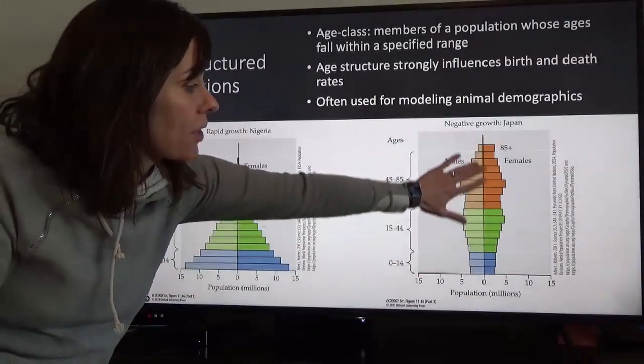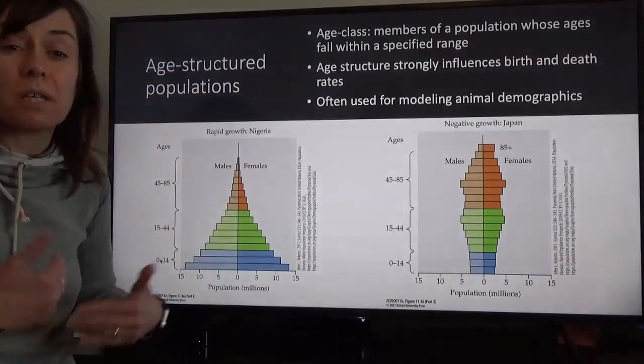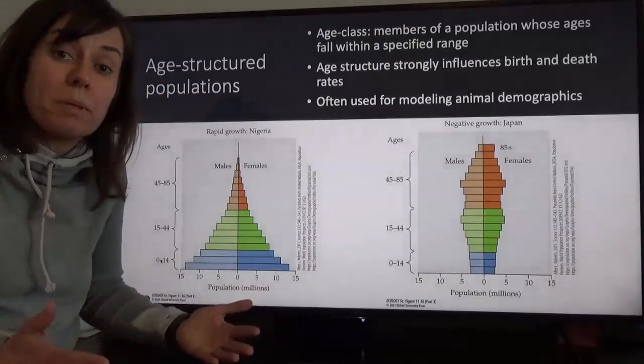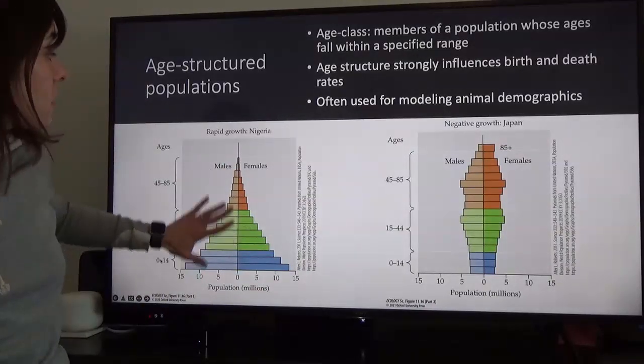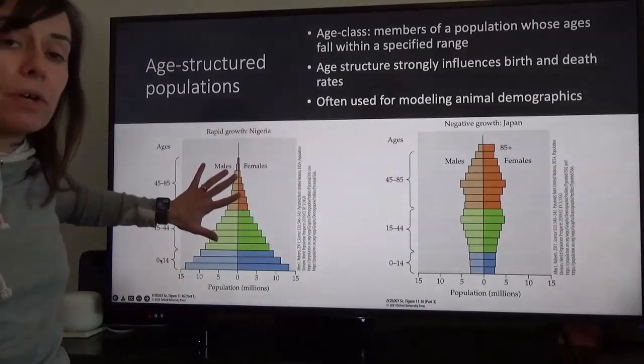In contrast, we have a lot of older people in the population, and so we expect that the death rate will be much higher compared to Nigeria. And so these populations reflect very different growth rates.